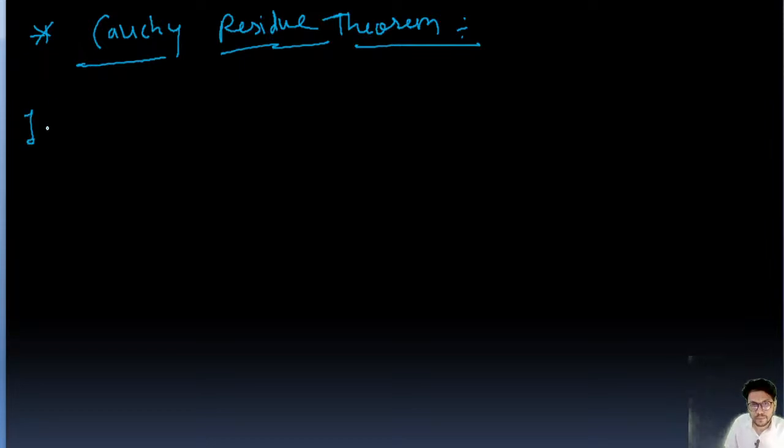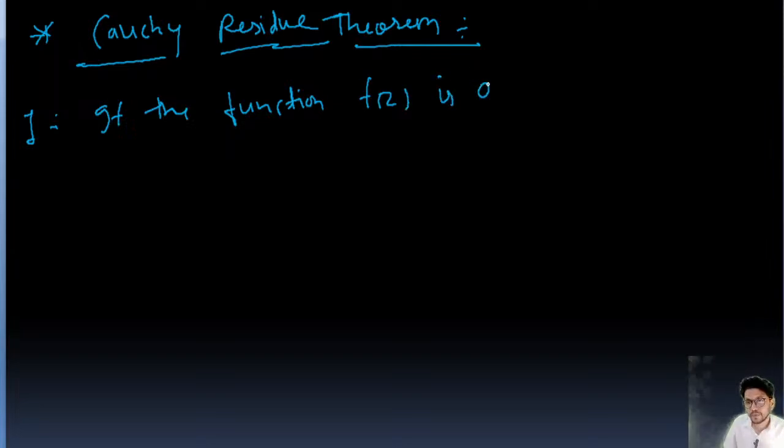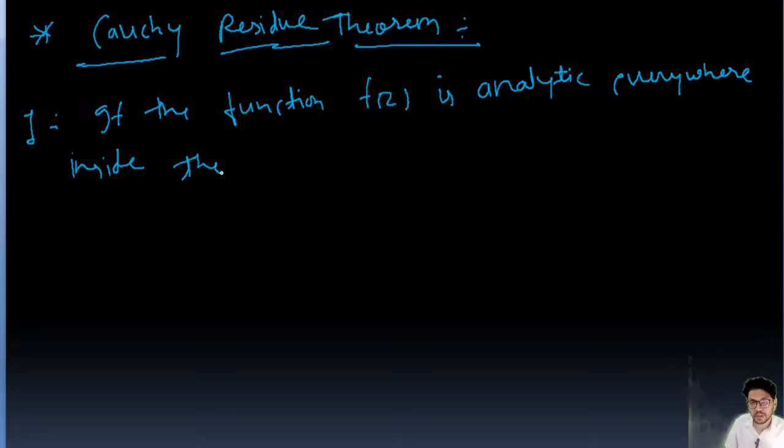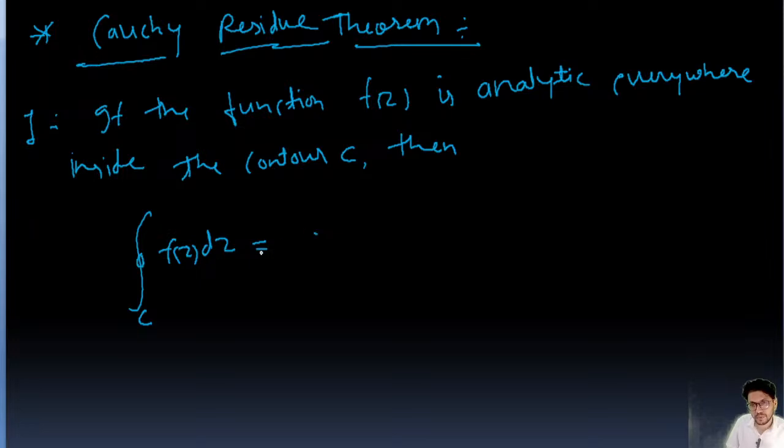The first point is, if the function f(z) is analytic everywhere inside the contour C, then the closed contour integration of f(z) dz is equal to 0.